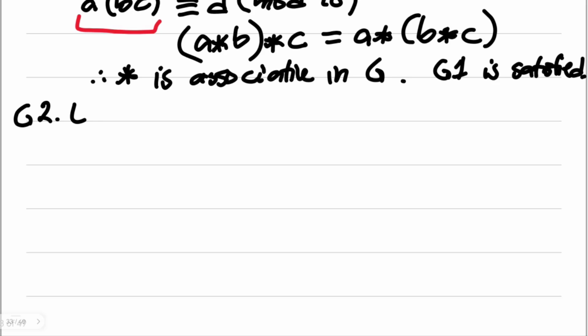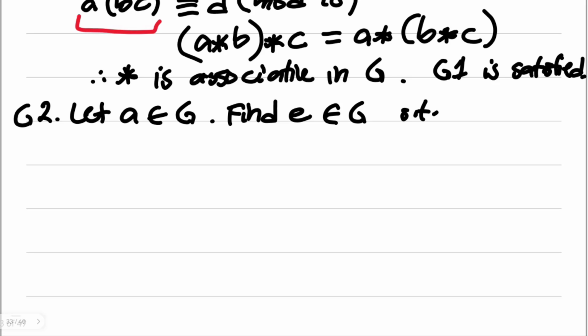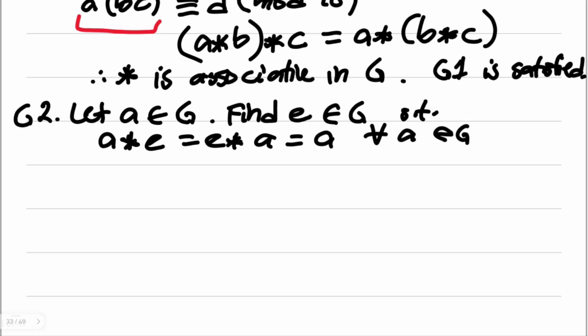For G2, let A be an element of G, we need to find E, or there exists E still in G, such that A star E is equal to E star A is just equal to A itself for all A element of G. This is the idea of the existence of identity element, such that if we have any element in G, in this case 1, 3, 7, and 9, when operated with E, it will just result to that value.